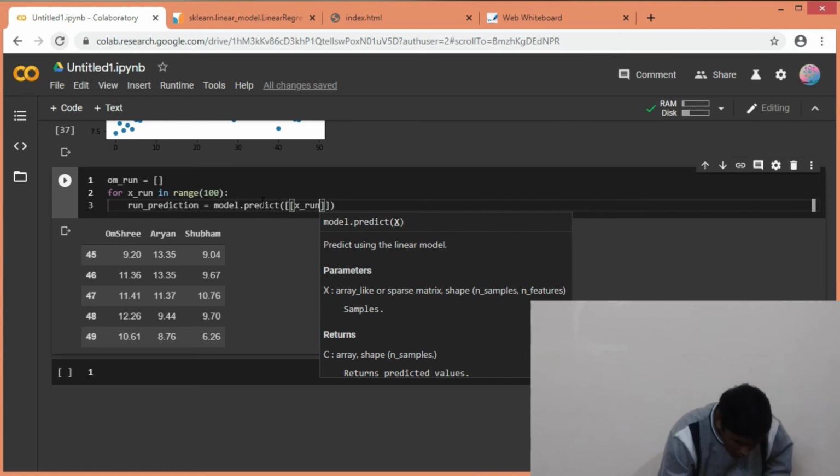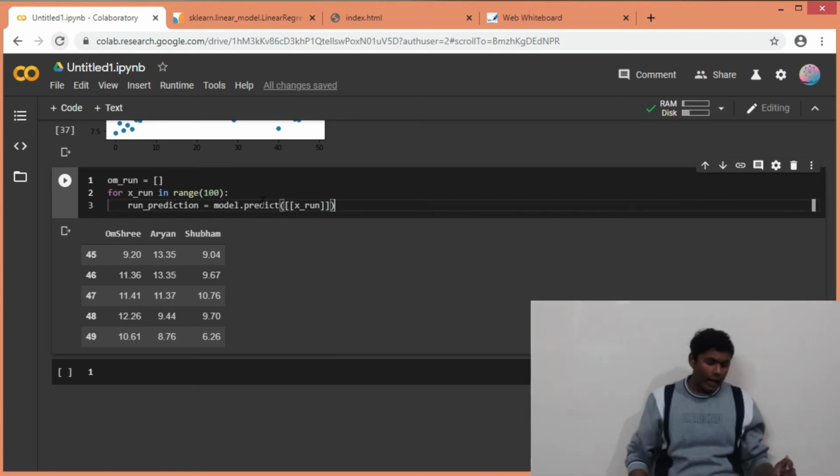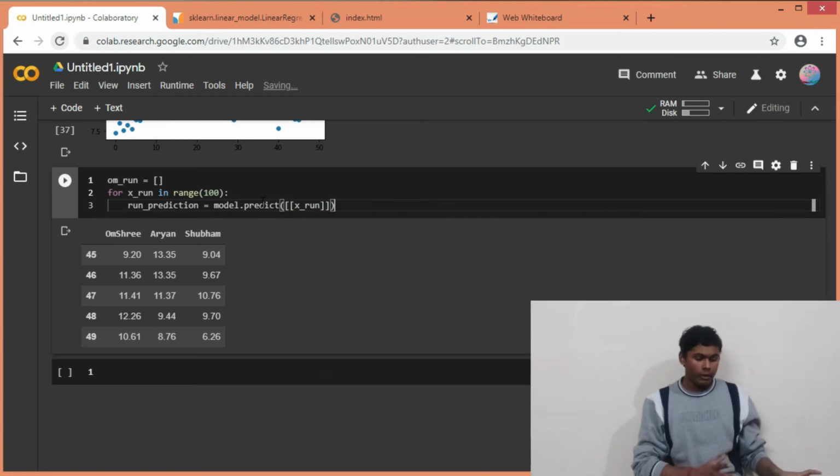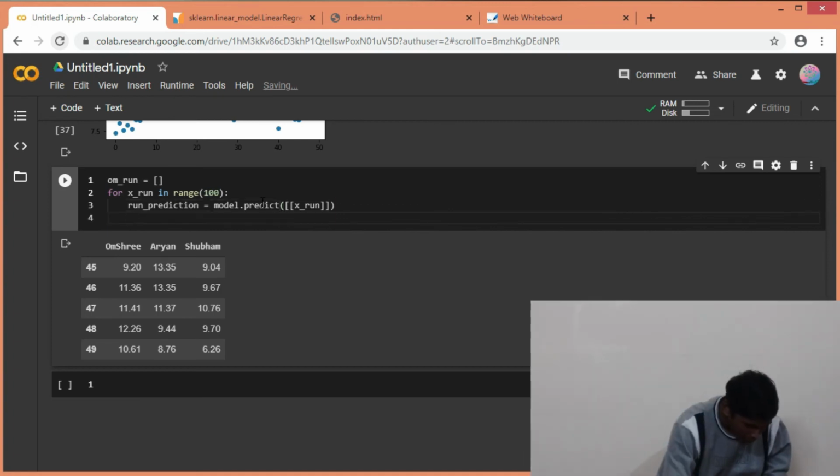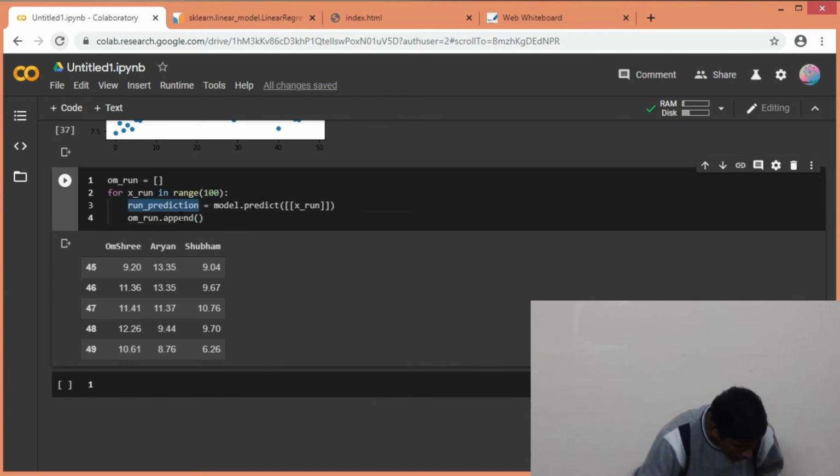Now with that said, I have my values of the prediction in my x run. What I need to do is om run dot append. What do I need to append? Well, this thing right here. So this is my prediction and I need to append it right inside this.